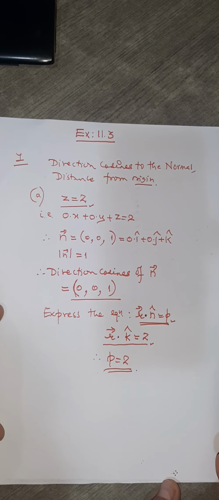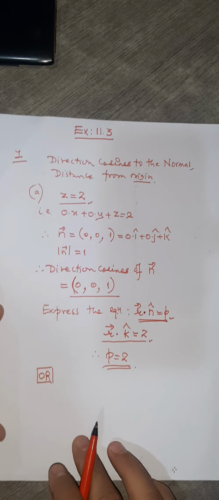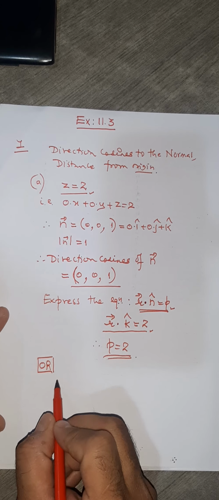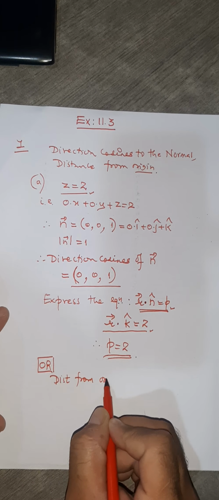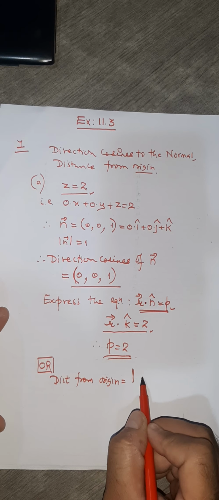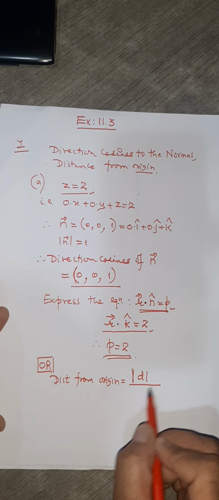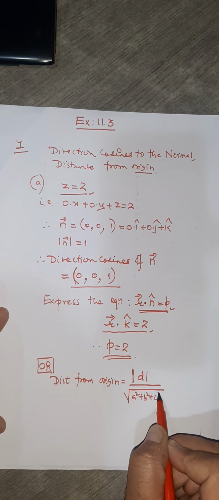Or alternatively you can use this formula also. We did this, if you remember: distance from the origin equals modulus of d upon root of a square plus b square plus c square.